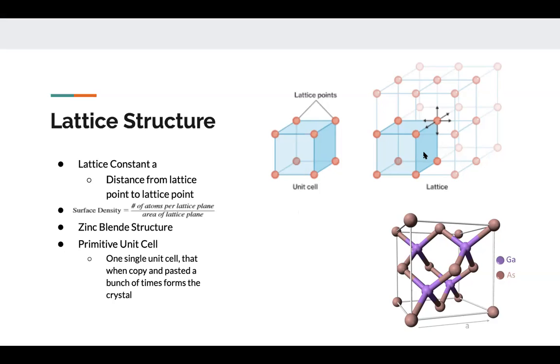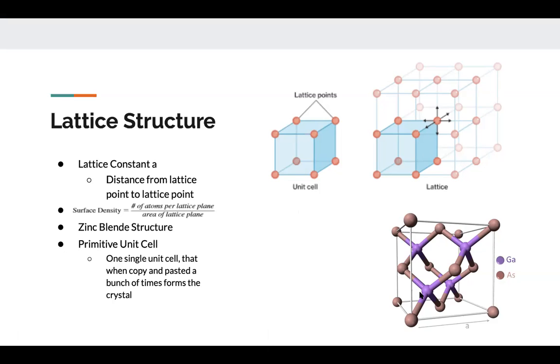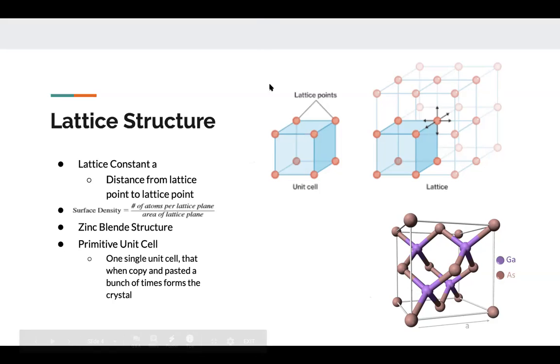So you would add an eighth from each of these arsenic atoms, and then on each of the six surfaces, half of that arsenic atom is actually inside the cell. So then you would add 6 times 1/2 times the density or the atomic mass of arsenic, and then you would add the 4 gallium atoms inside there.